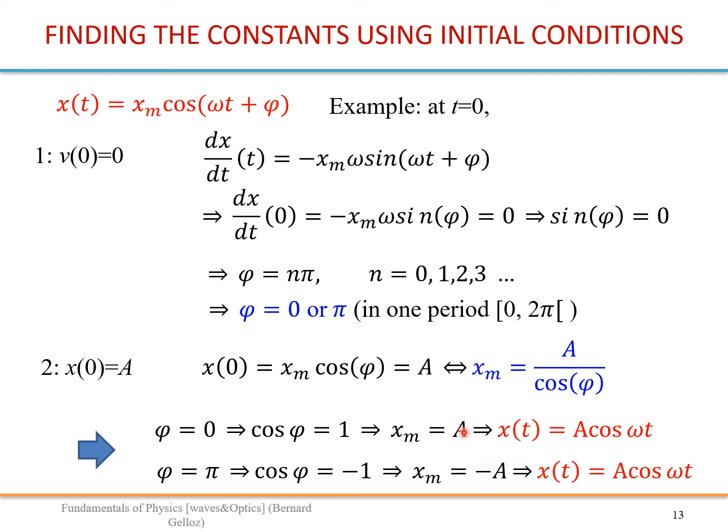So do we have a problem, or is it okay? In fact, we have to replace in this equation xm equal to minus a, and here we have omega t plus phi. So here phi equals pi, so we also have to put a pi here. All right, so let me write here the unit circle.